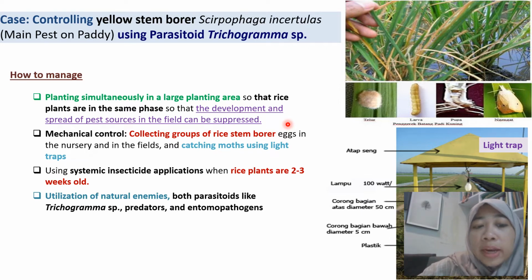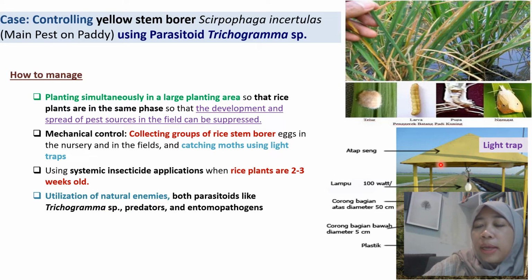Utilization of natural enemies, both parasitoids and predators, also entomopathogens. Now, this is the important thing. We can use Trichogramma sp., the parasitoid, and how to develop this Trichogramma by ourselves, we can study in the next slide. And this is the light trap.